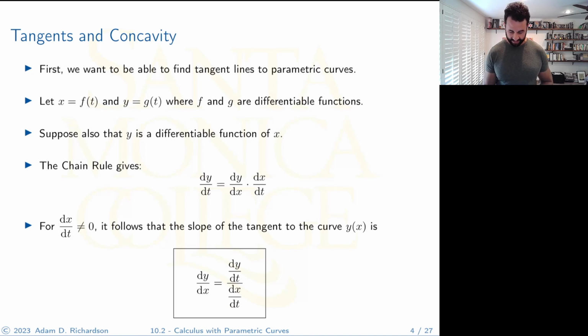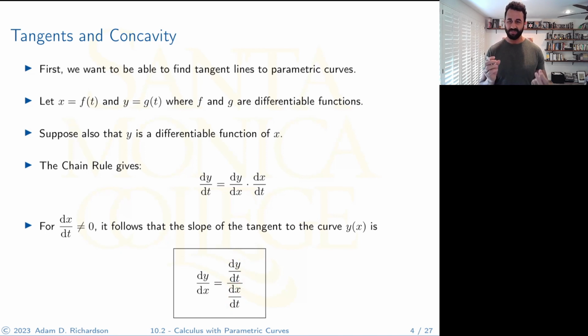And what we get is that dy/dx is equal to dy/dt divided by dx/dt. This is kind of a cute result. This actually gives us the slope of the tangent line. One thing I want to point out is that dy/dx is still dy/dx, like you remember it from Calc 1. It's the slope of the tangent line. And this is saying that if you want to find the slope of the tangent line, you do dy/dt and divide by dx/dt.